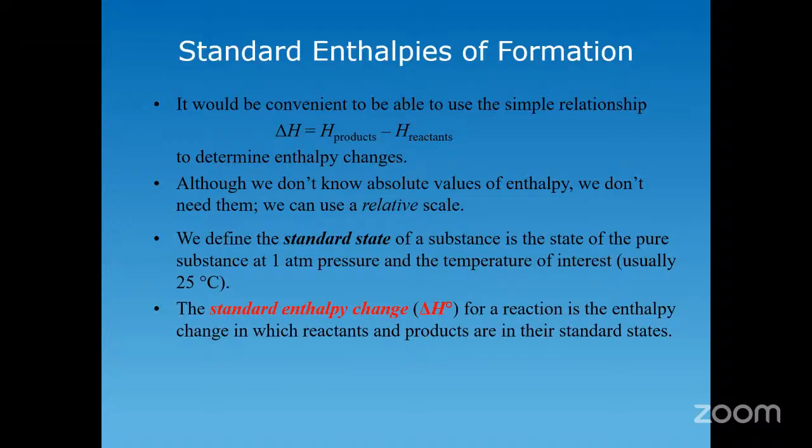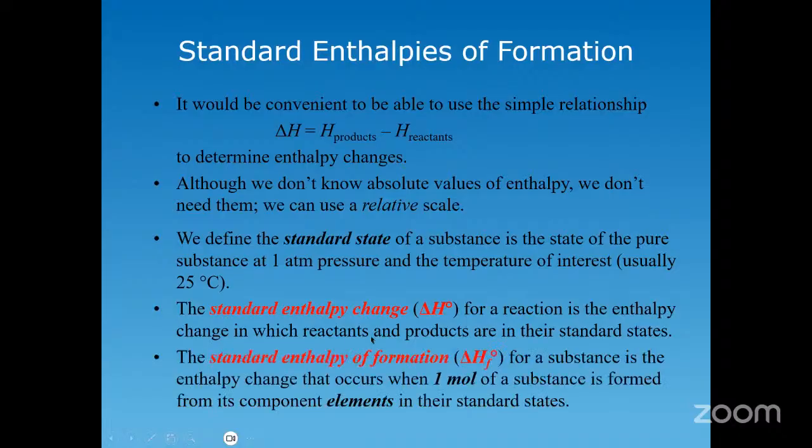Whenever you see that, you should understand that the enthalpy changes are measured under standard conditions: 1 atmosphere pressure for gases involved, and a temperature of 25 degrees Celsius. There are some other conditions as well. The molarity of any aqueous solution will be 1 molar, and I think that's it. So basically that's the standard enthalpy change.